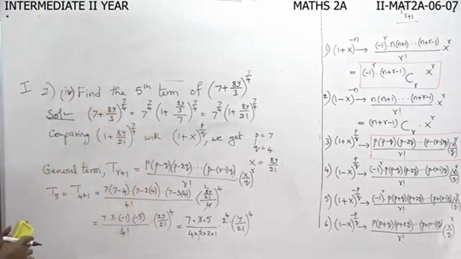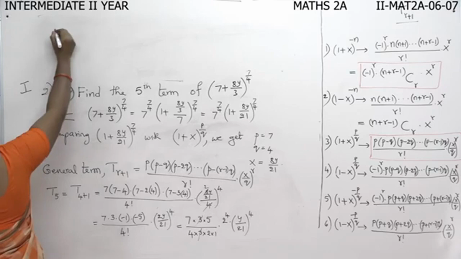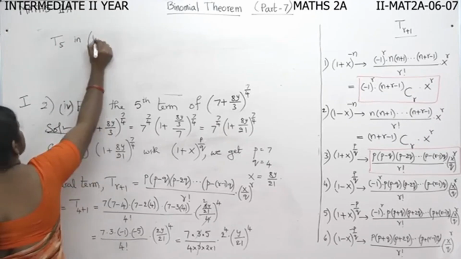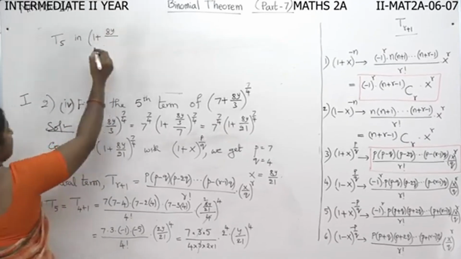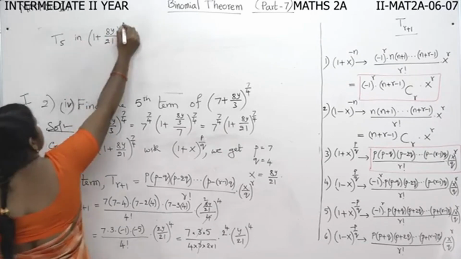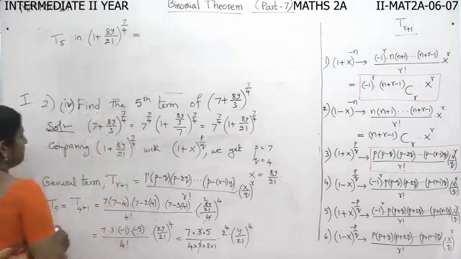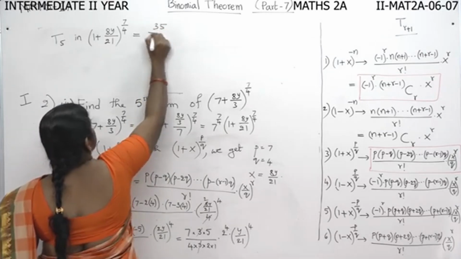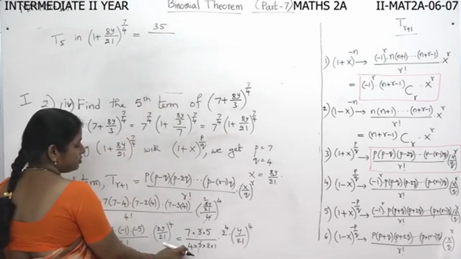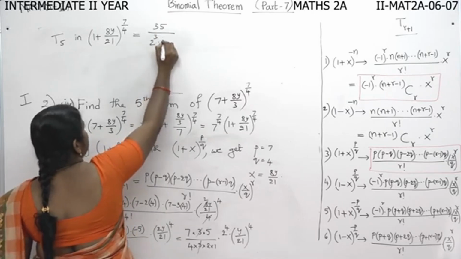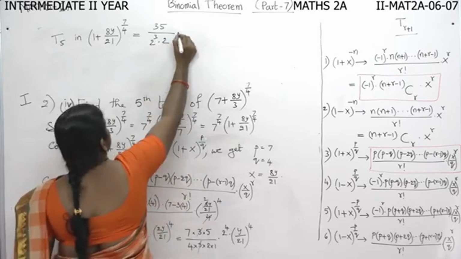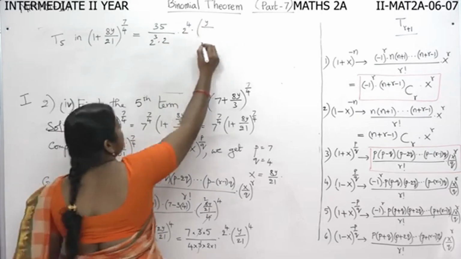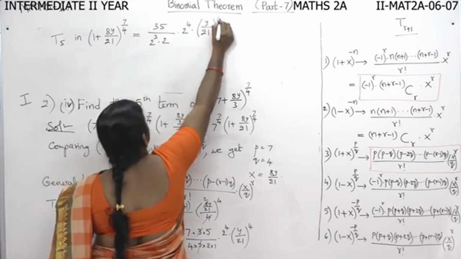So this is the T5 value in the expansion of (1 + 8y/21)^(7/4), which is nothing but here 7 fives are 35, by, here I can write 2 as 2 cube, into one more 2, into 2^4 into (y/21)^4.